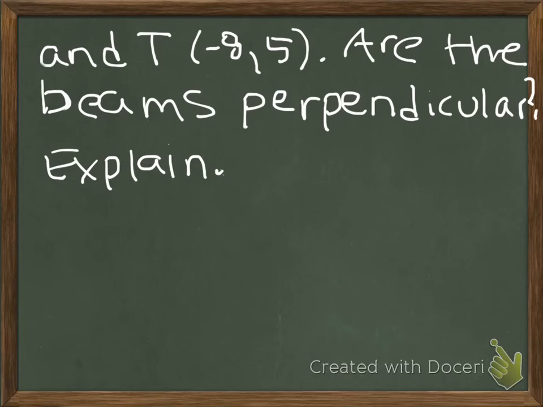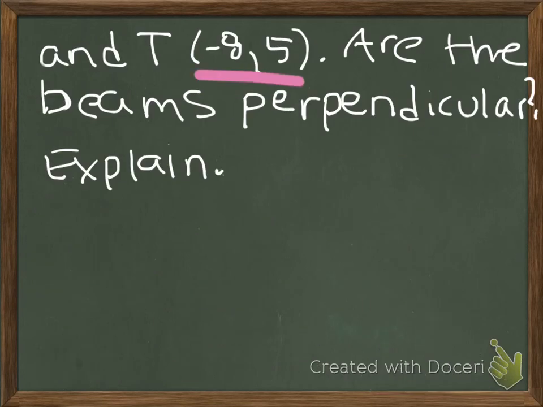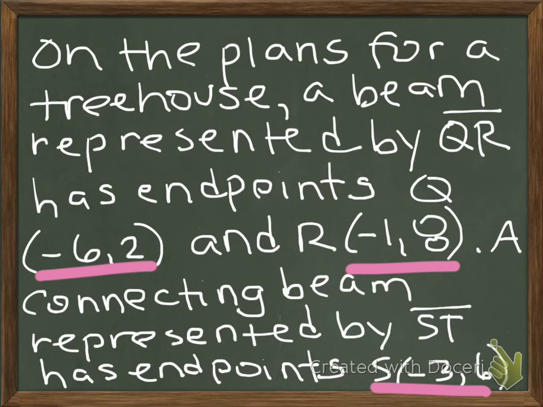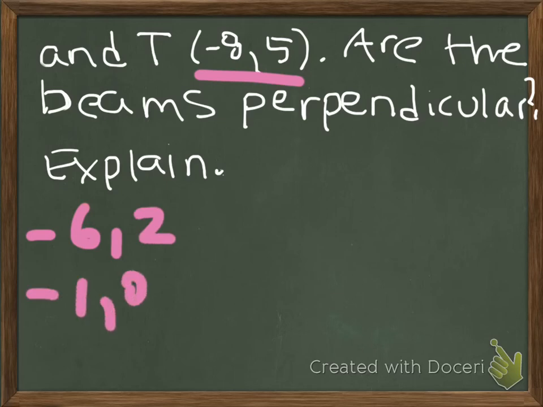So again, we need to focus on just the slope. So I'm going to find the slope of QR by using the two endpoints, and then I'm going to find the slope of ST also by using the two endpoints and compare the slopes. So negative 6, 2 and negative 1, 8. This is for QR.